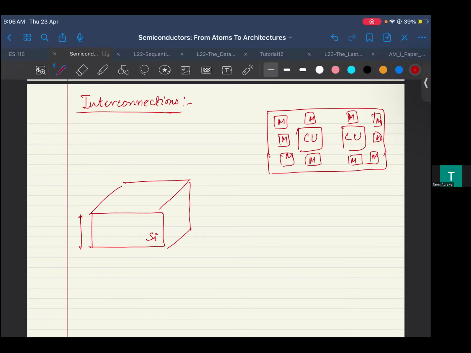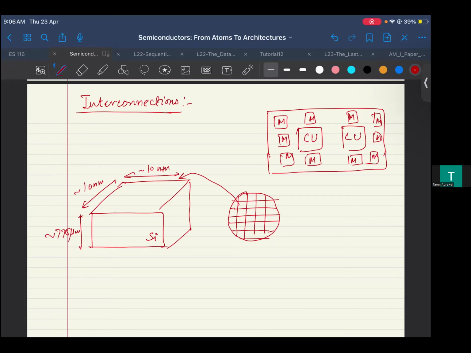A wafer is a 12-inch wafer, for example, currently 300 millimeter in diameter, and out of that there is one chip. The size of this chip could be anywhere, let's say 10 mm by 10 mm, which is 1 centimeter by 1 centimeter. This is just a rough size, right? This could be bigger as we discussed, and the thickness is around 775 micron.